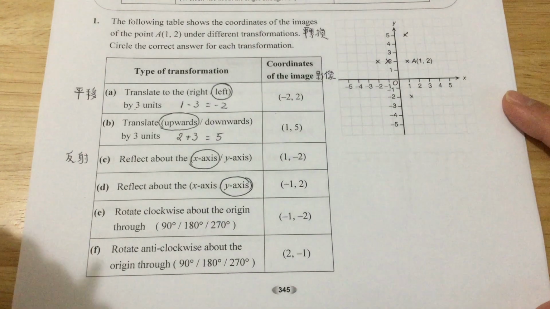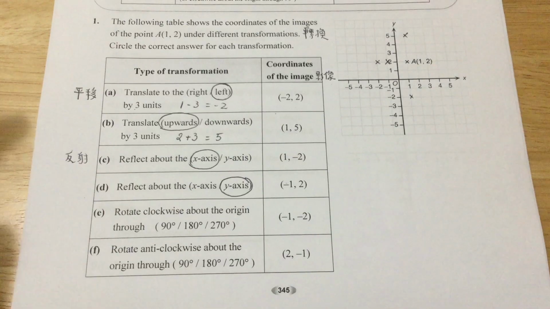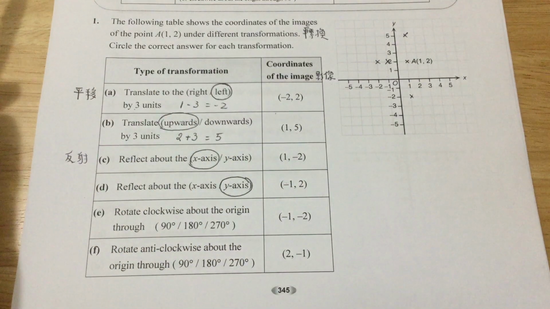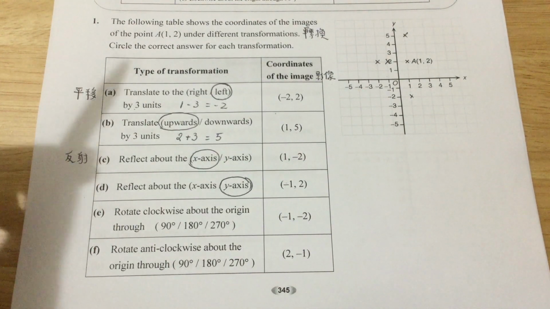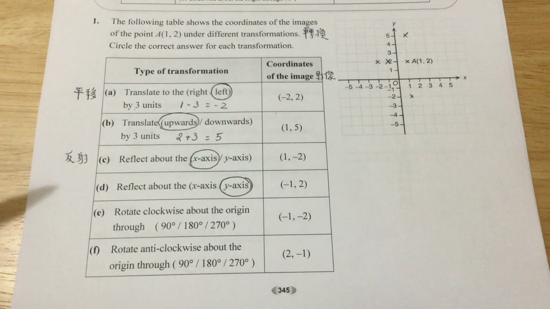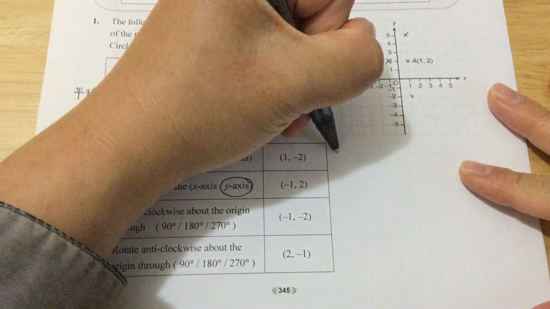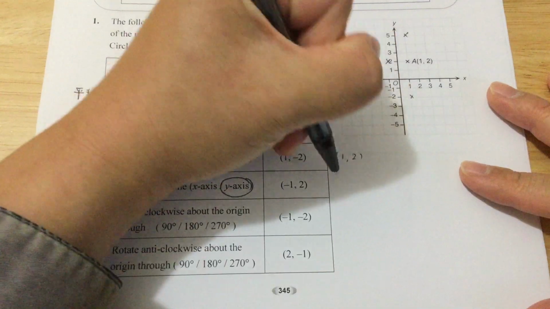Okay, now, if we just look at the coordinate plane every time to find the answer, it is unrealistic and wastes a lot of time. So we are going to do some calculation for it. Let's look at the object 1, 2.